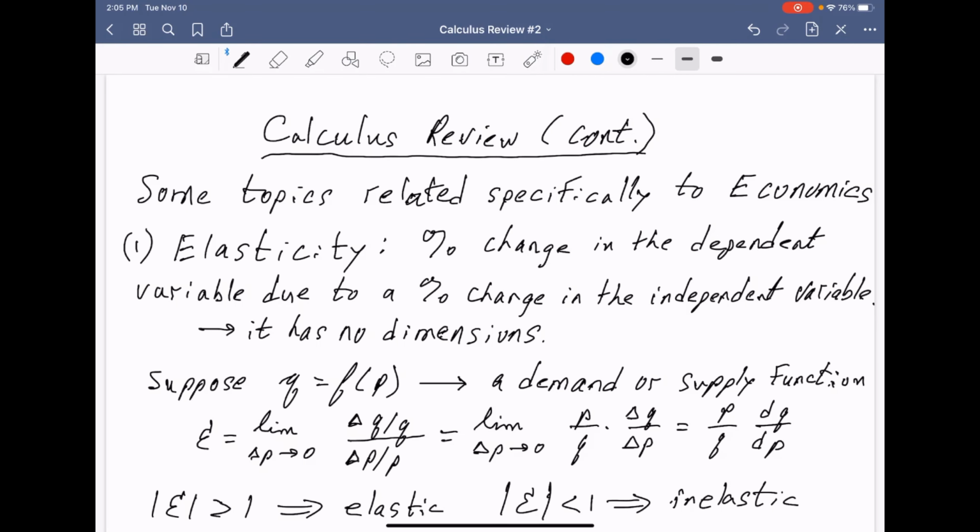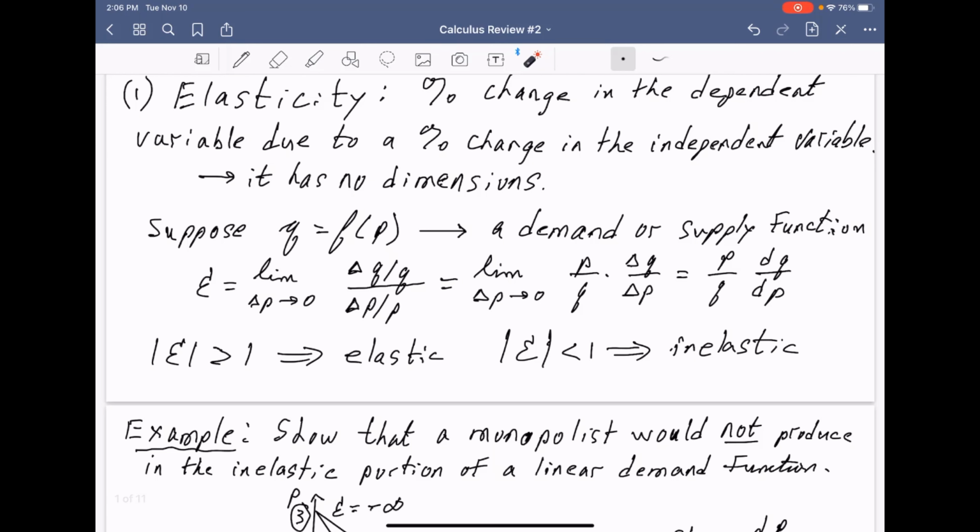And we define the elasticity associated with that particular function as the limit as the change in the price approaches zero of this function here, the delta Q, the change in Q over Q. So this is our percentage change in Q, and we divide that by the percentage change in price, which is delta P over P.